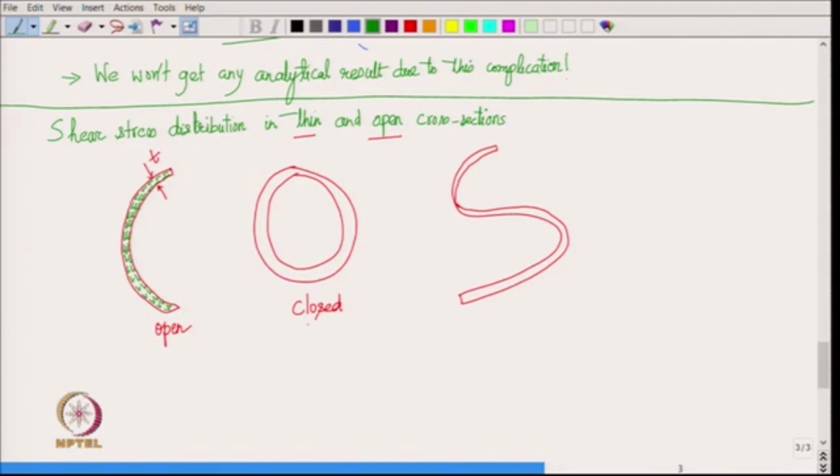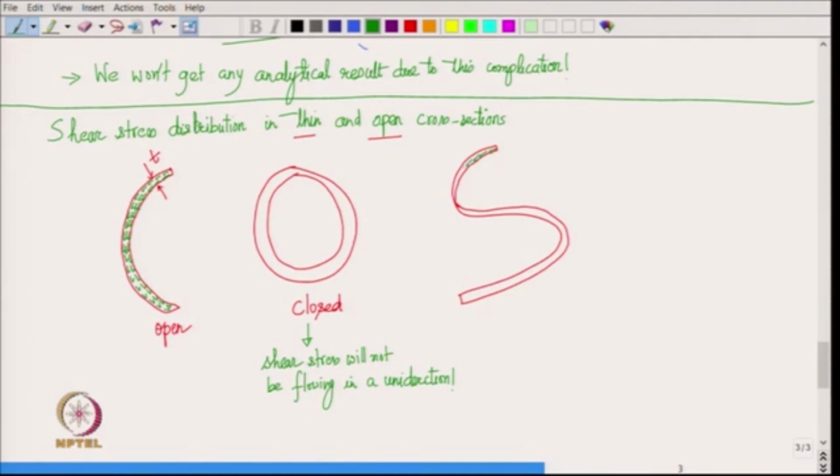So, here for closed cross section shear stress will not be flowing in a unidirection, but for open cross section it always flows from one end to the other end. So, that is very interesting, and this makes our analysis easier.